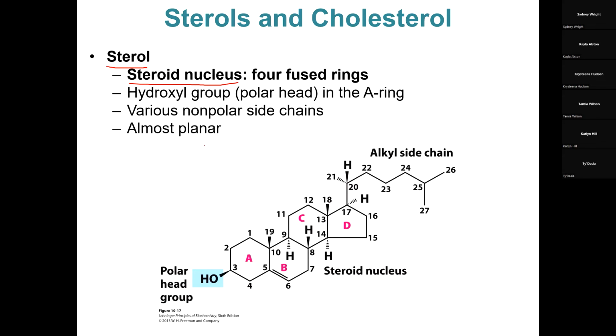Nucleus means center, so it's just a steroid backbone. And various things can add on to here, particularly the polar head group, which doesn't really make it very soluble in the end because there's so much added on here.